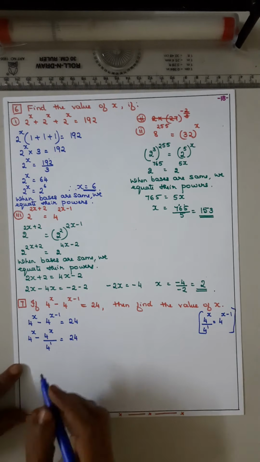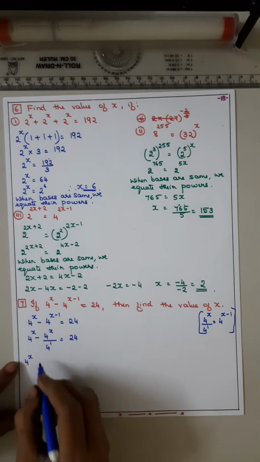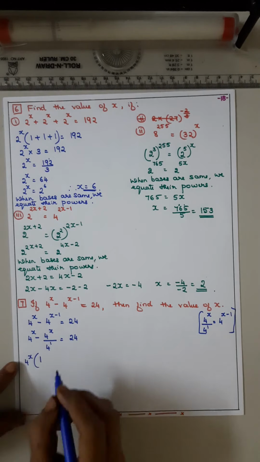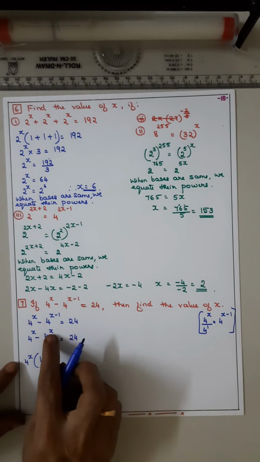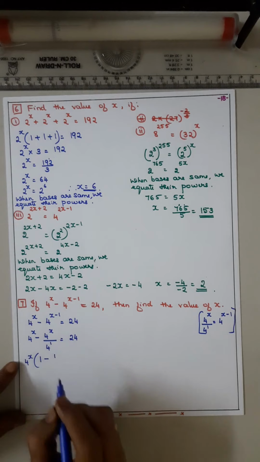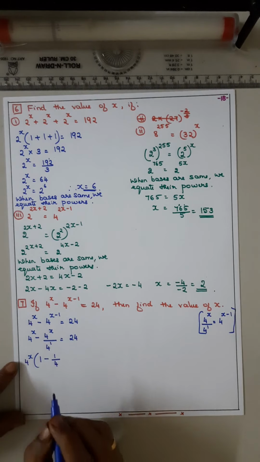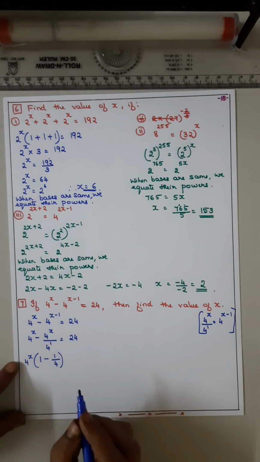Now how much is remaining? Take 4 to the power x common. So here 1 is remaining, and minus, 4 to the power x is taken out, here 1 will be there, and the denominator will be 4, since 4 to the power 1 is 4. Did you understand this step?